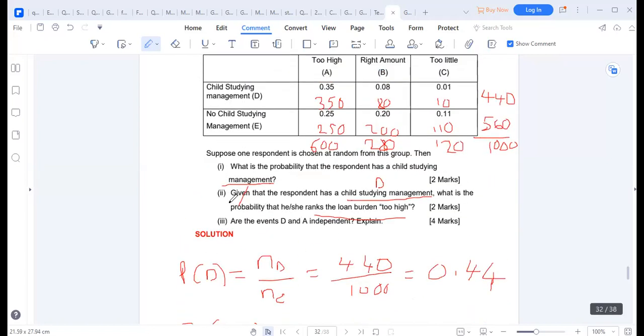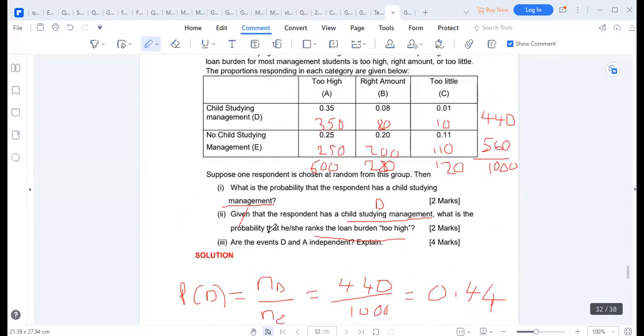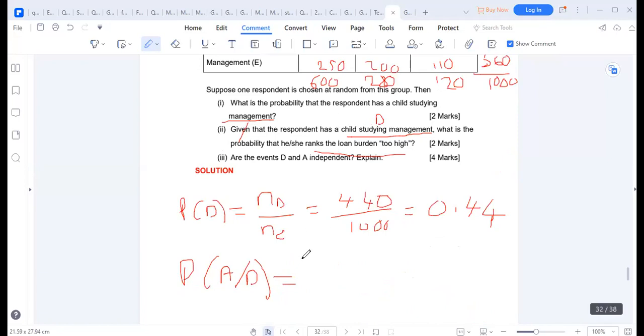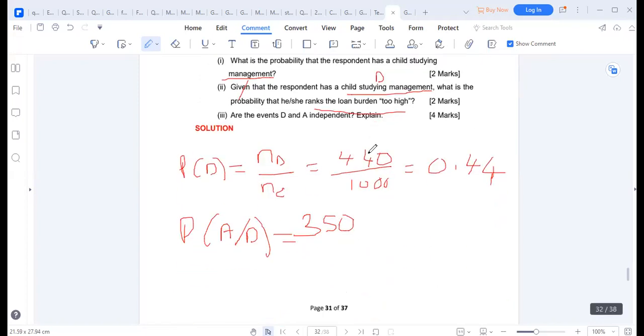But here it started by saying, given that the respondent has a child studying management, so you do over D. So A given D: you go where A and D are meeting, at 350. But the total for D is 440.